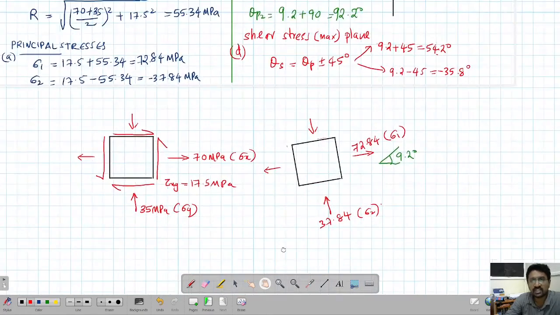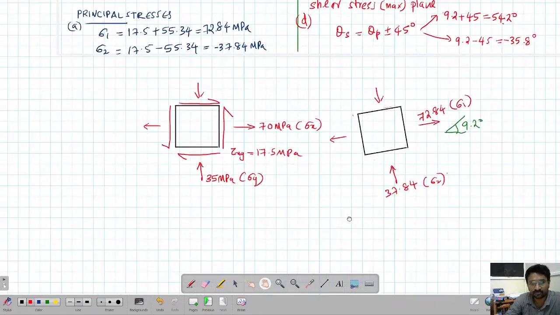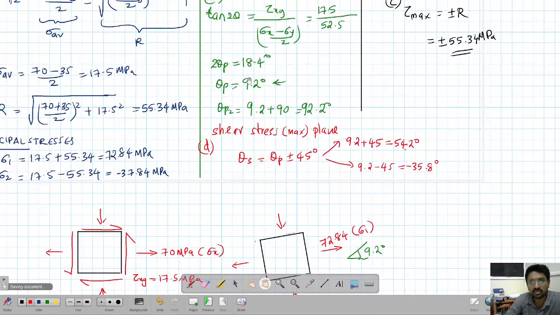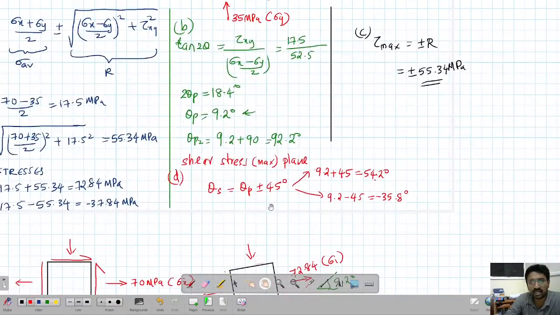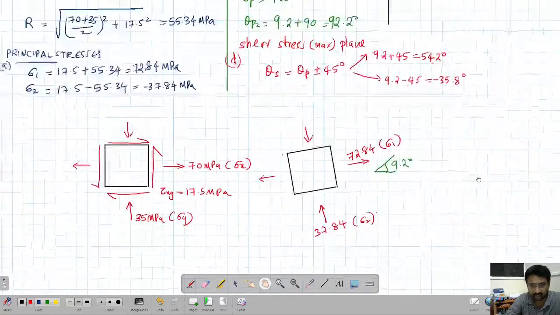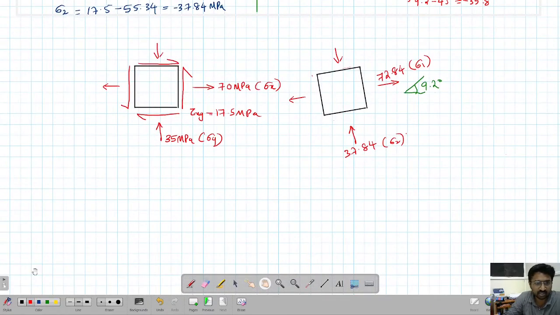Now, what about the shear? For shear, again we have to rotate it by, where is the angle? 54.2 degree. Okay, so the previous rotation has given me the principal plane. Again I can rotate this.